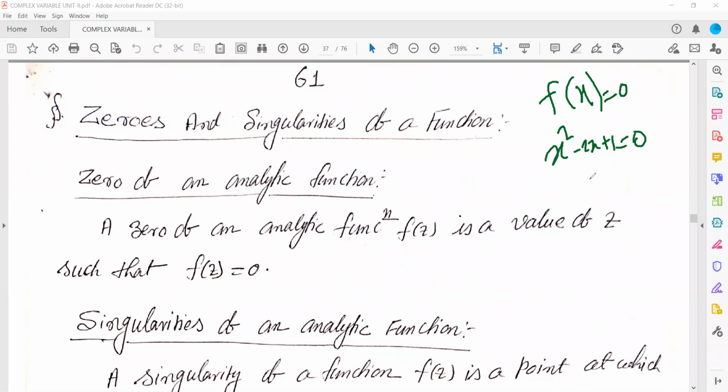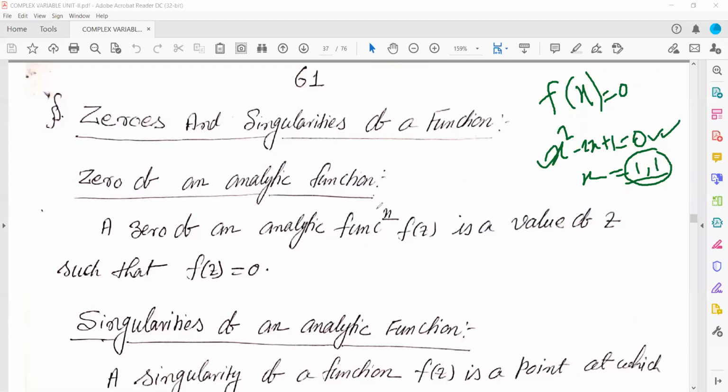So the roots of the equation are 1 and 1. If your function is a real function, this is called the root of the function or root of the equation. You can also say solution of the equation. That means if you put these values of x here, then this equation will be satisfied by these values of x. Then only this is called a solution or root of this equation.